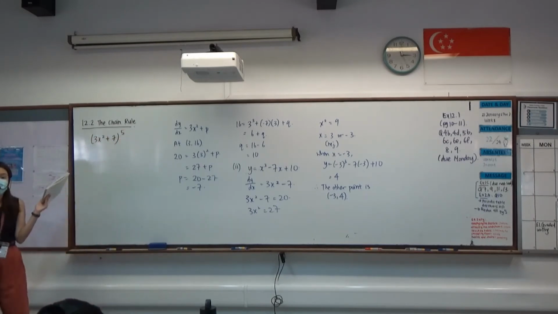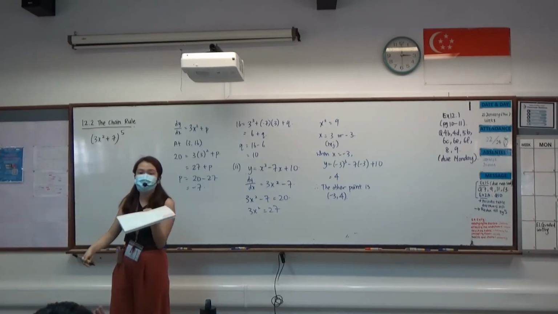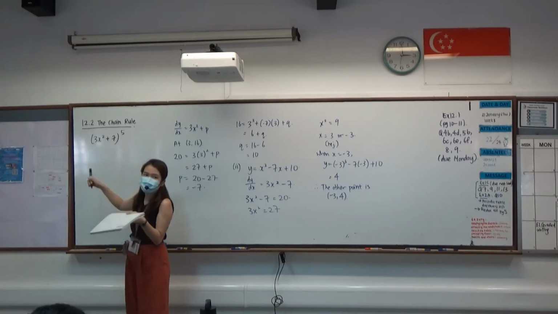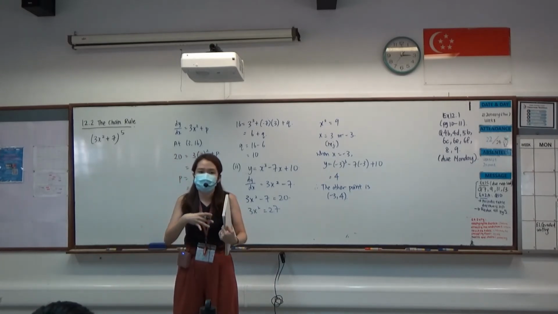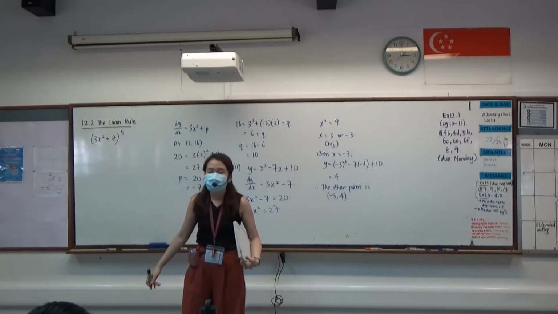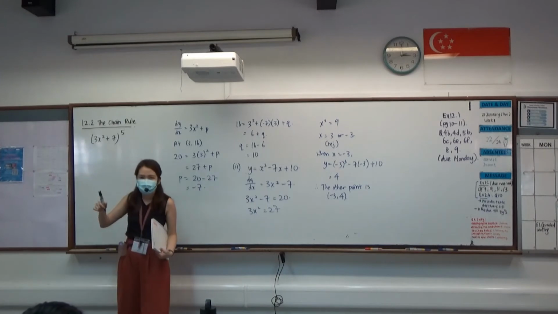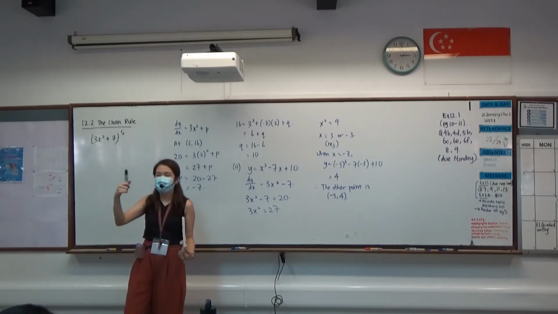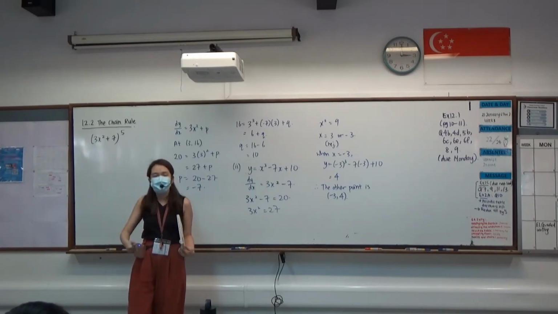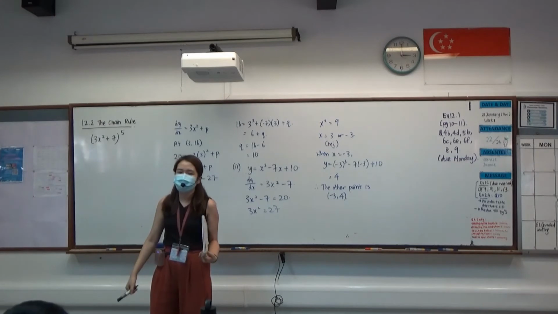Currently, in order to differentiate this, you will need to expand it first, and that will definitely be a very tedious task. I don't know if any of you remember, we have binomial theorem to expand this. But can you imagine having to do binomial theorem and also differentiation in the same question? Definitely a very difficult thing to do.